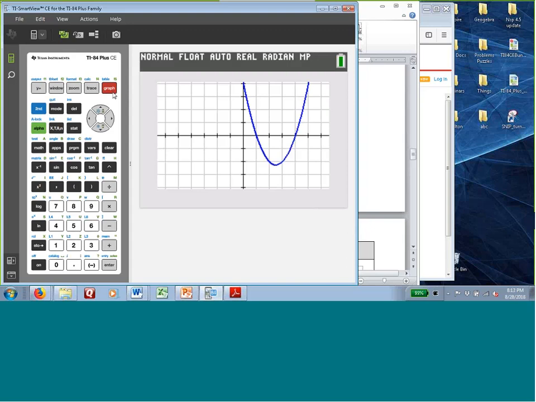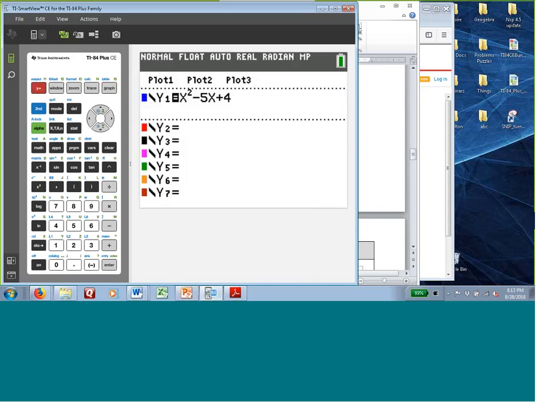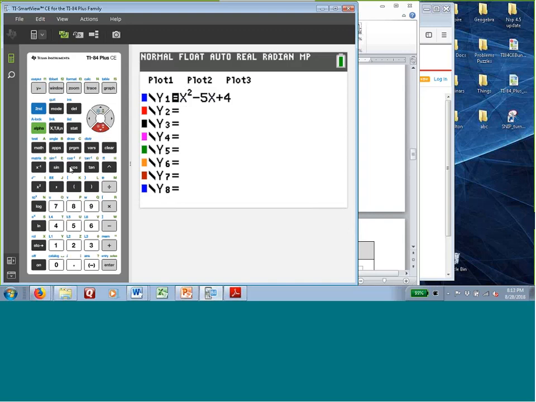And hopefully students might want to know, where does it cross the x-axis, where does it cross the y-axis? And this first part of the activity is, what does the standard form have to do with the factored form? And we want students to put in the factored form. And some students might say, okay, I know it crosses the x-axis at +1 and +4, so they might guess that it's going to be x plus 1 and x plus 4.